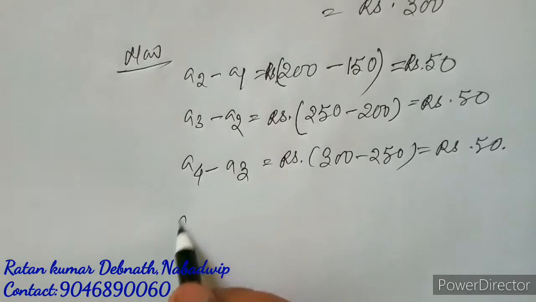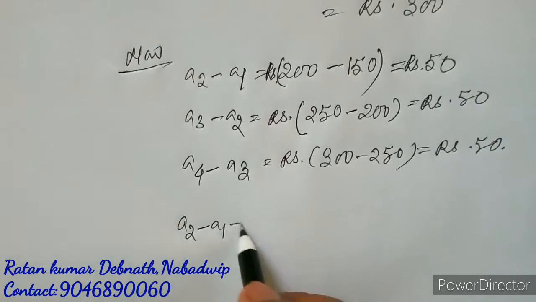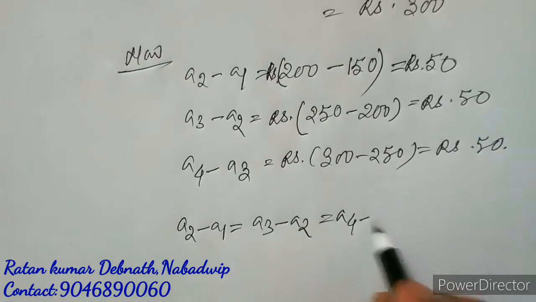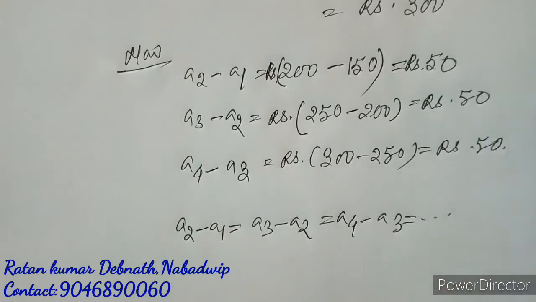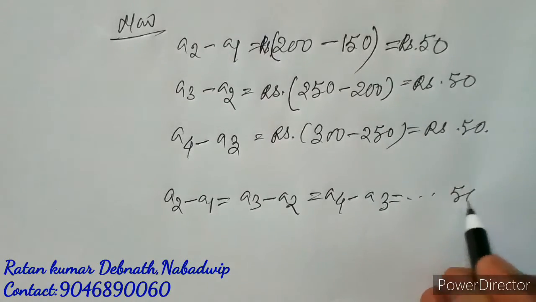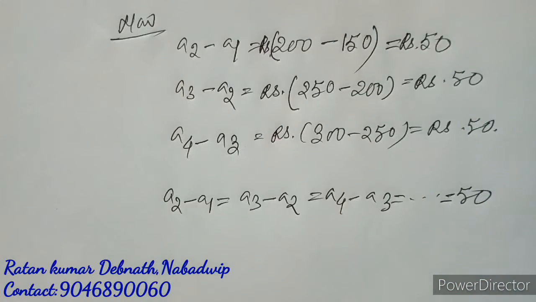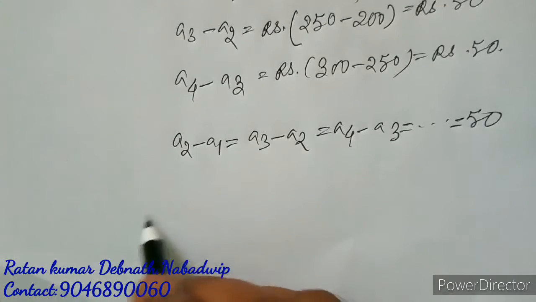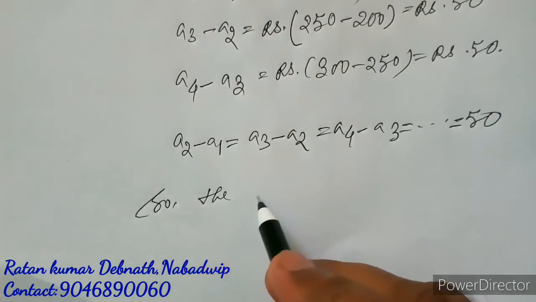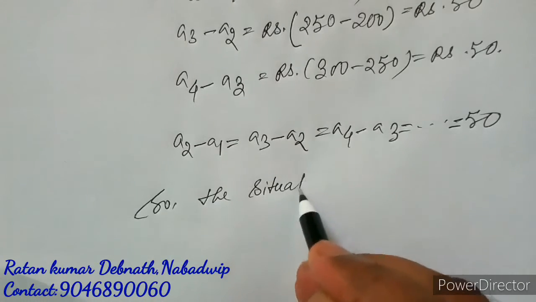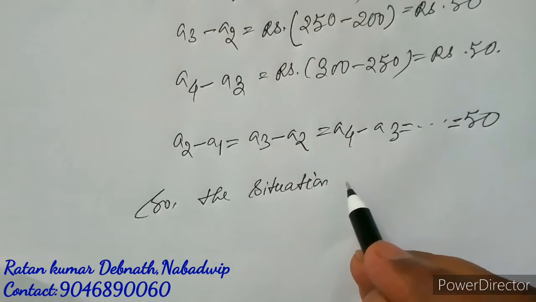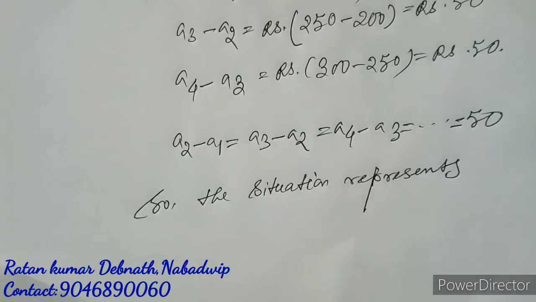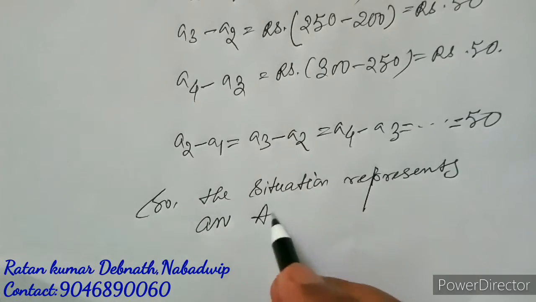That is, A2 minus A1 equal to A3 minus A2 equal to A4 minus A3 equal to 50. In all the cases differences are the same. So the situation represents an AP.